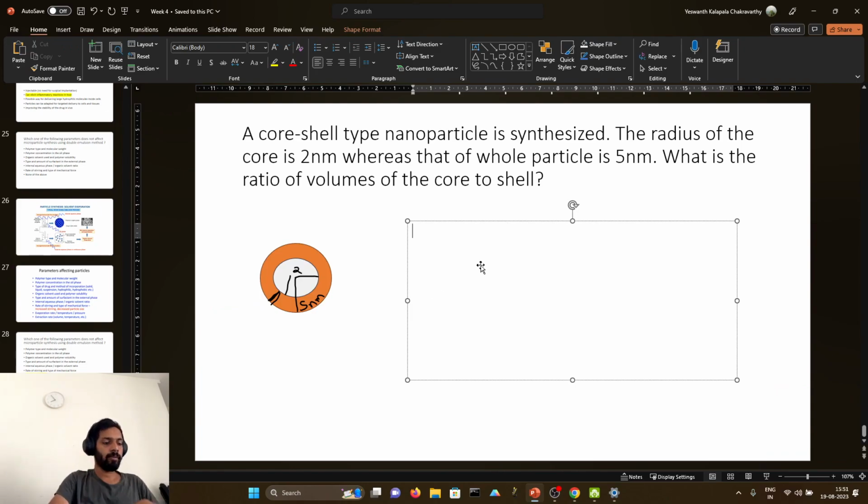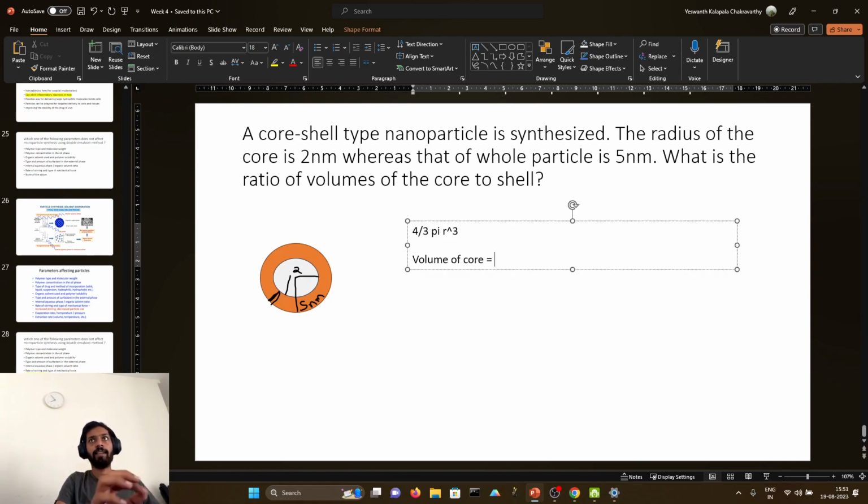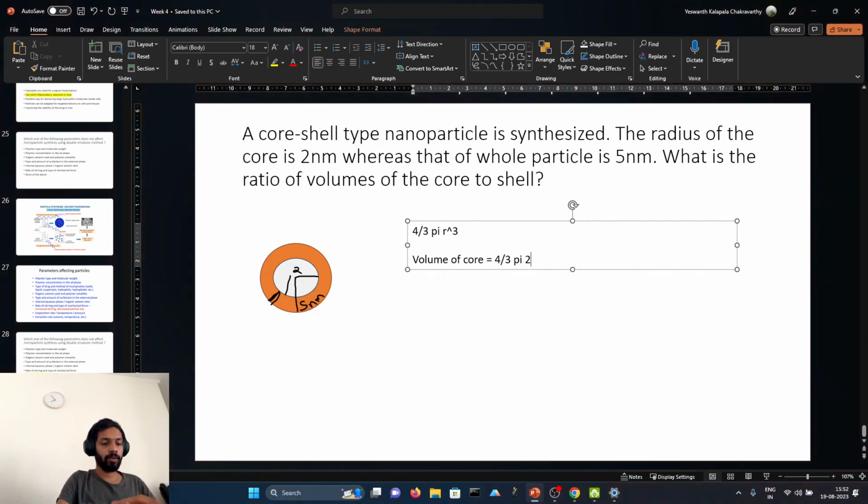So we know the volume of the core because they've given the radius, which is 4/3 π 2³, 2 to the power 3.